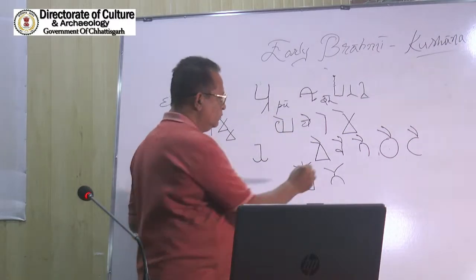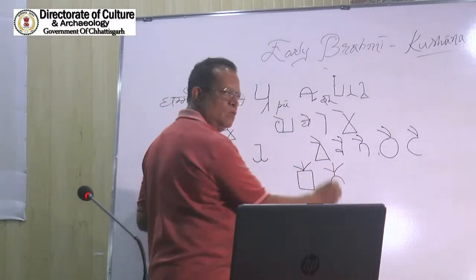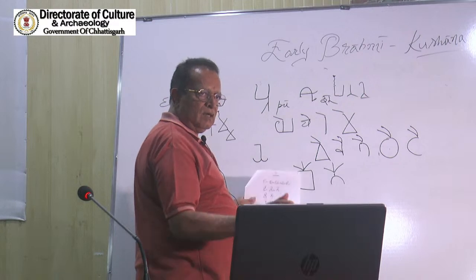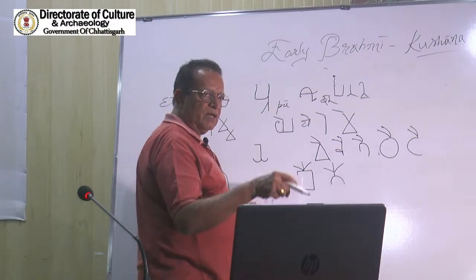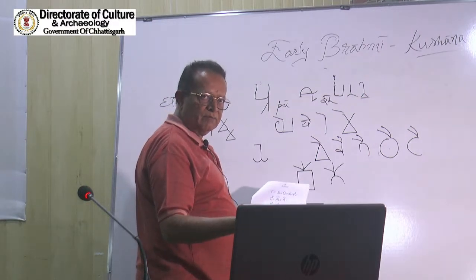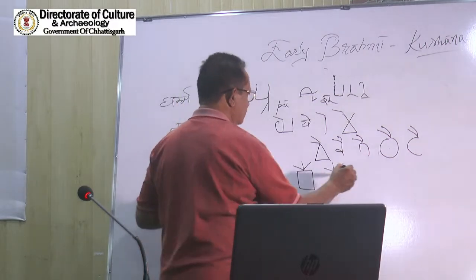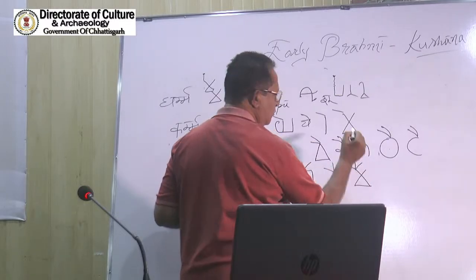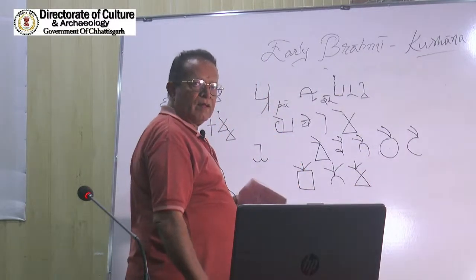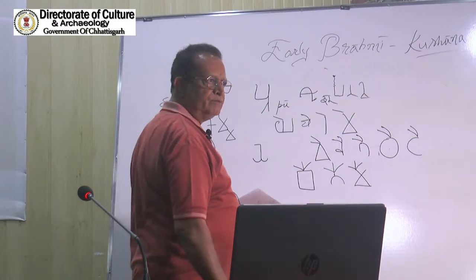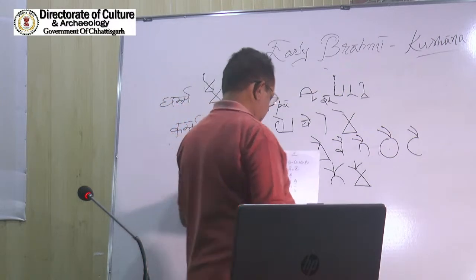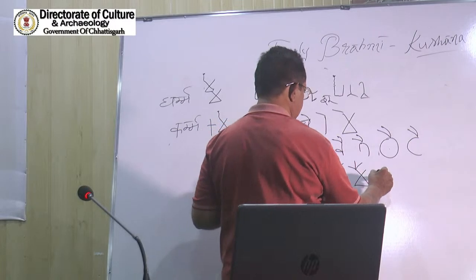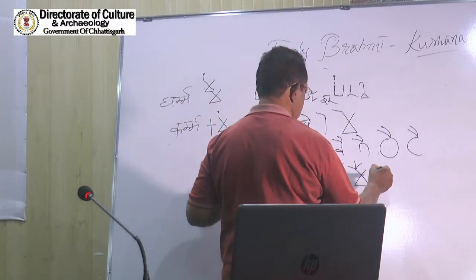Bau, tau. O sign to ha. In the middle if you add a stroke it becomes the au sign. And for example ma, this is mo, maukhari. When you say this, au sign. And tau already shown.